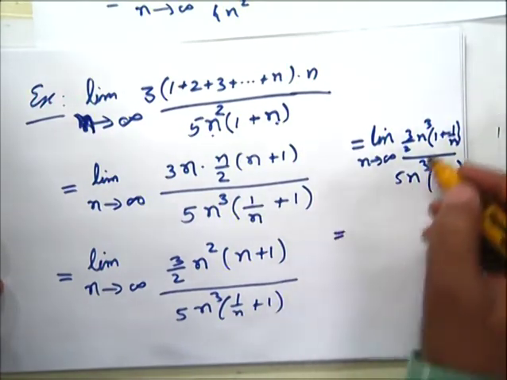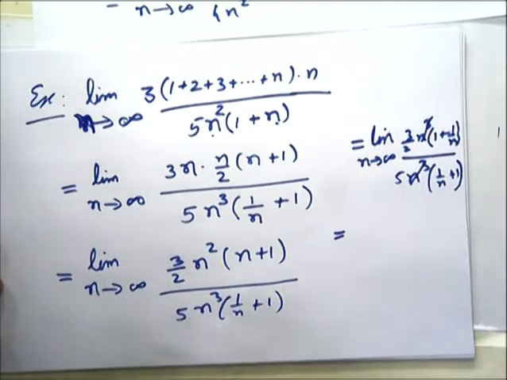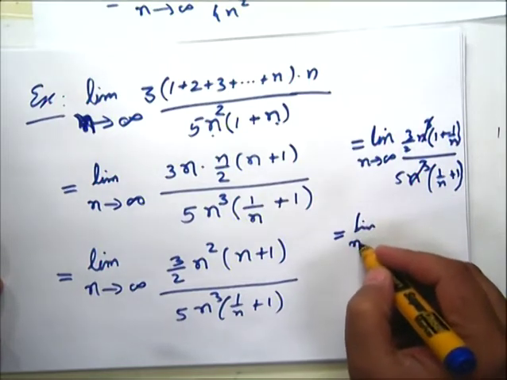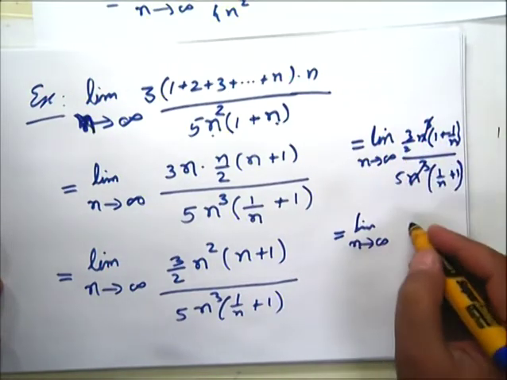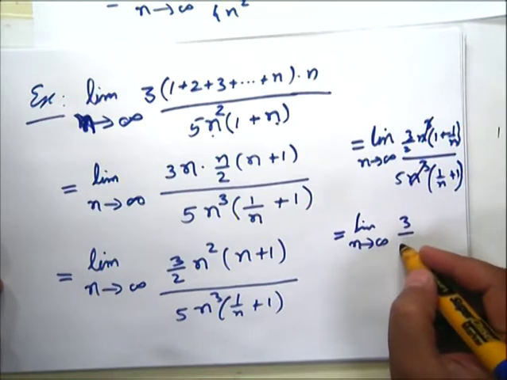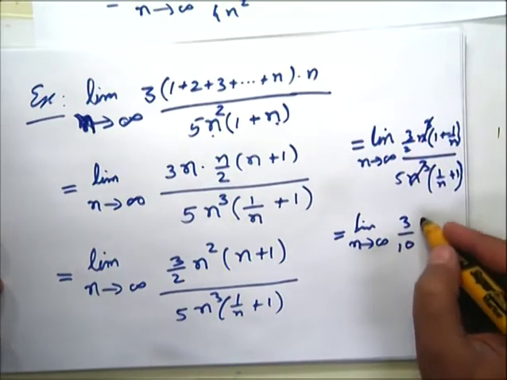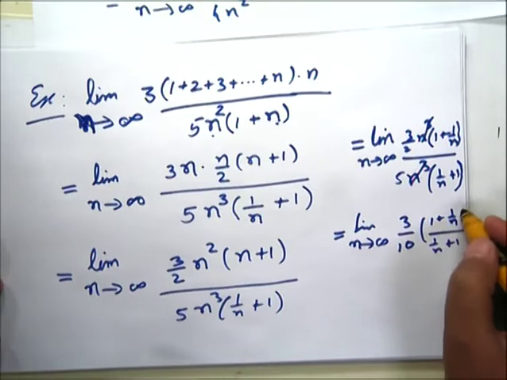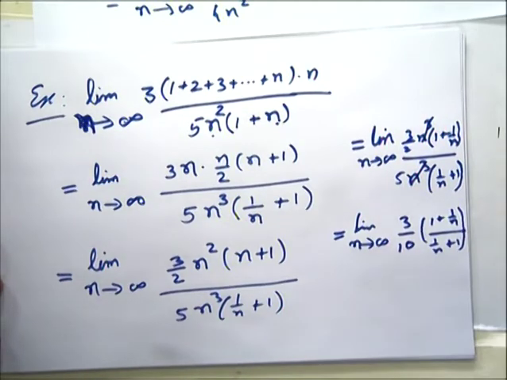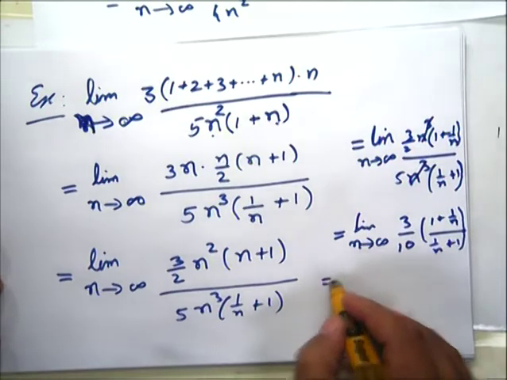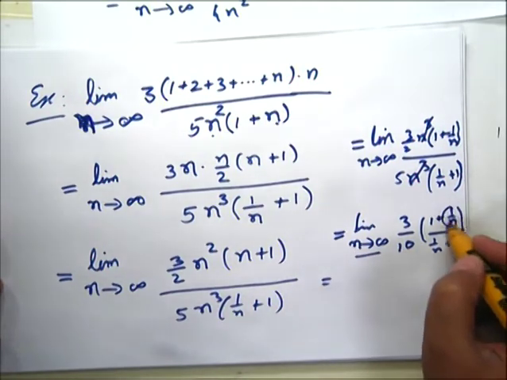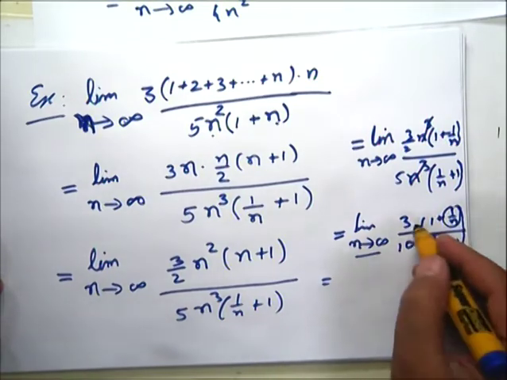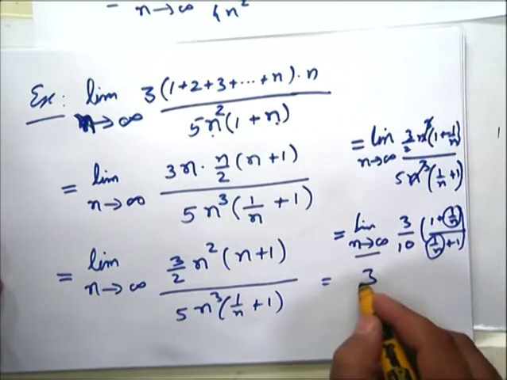Now we can cancel n cube and n cube. 3 by 2 upon 5, that is 3 upon 10, and this is 1 plus 1 upon n upon 1 upon n plus 1. Applying this limit n tends to infinity, this will be 0 and this will be 0. So 1 upon 1, so the answer is 3 upon 10.